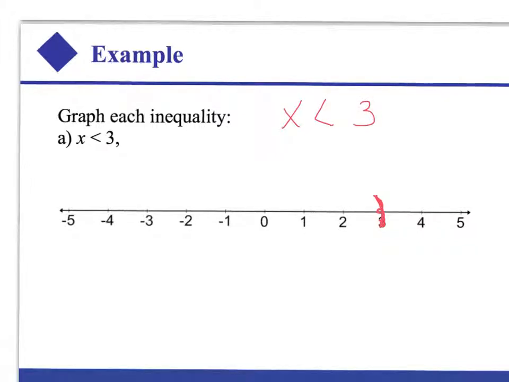If I create an arrow like this, with the inequality, it tells you which way to shade. So it's actually this way. So it goes to infinity. It didn't say it equals 3, so we don't include 3. It's any number that is less than 3 that goes on.